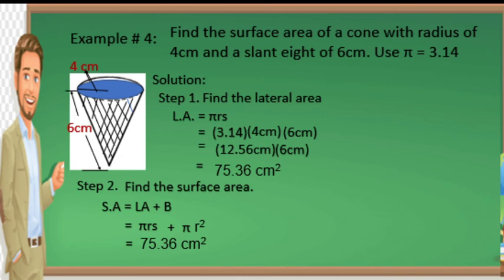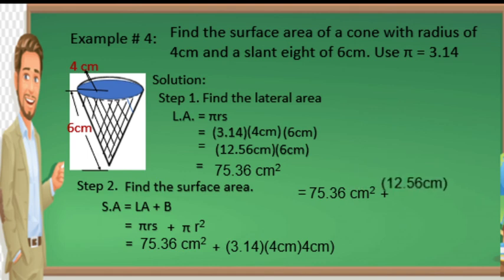75.36 square centimeters plus 3.14 times the 4 centimeters times the 4 centimeters, which is equal to, again, 75.36 square centimeters plus 3.14 times 4, which is 12.56, times another 4.